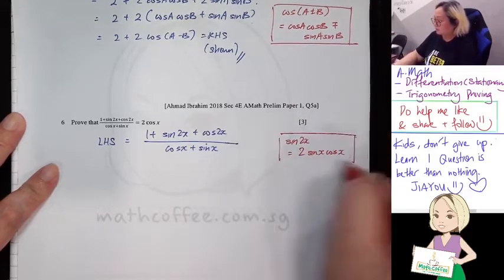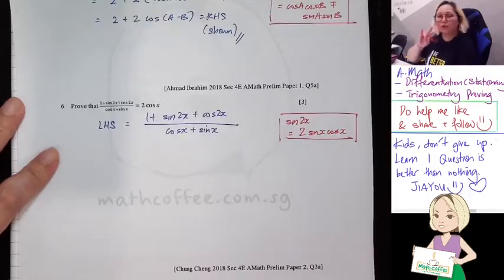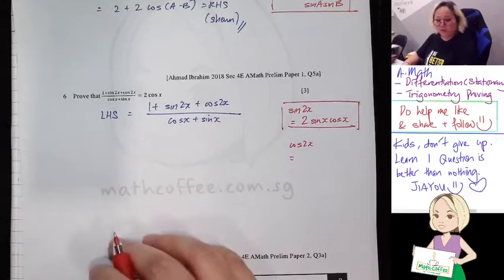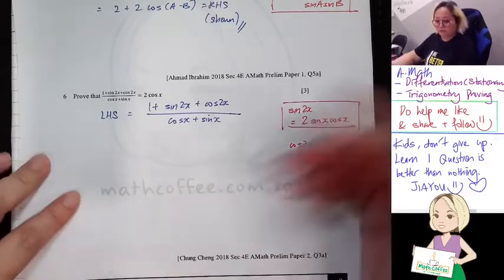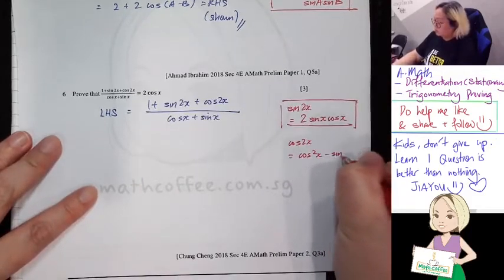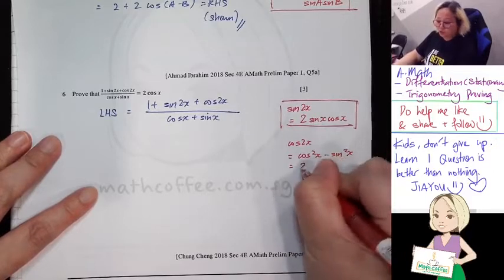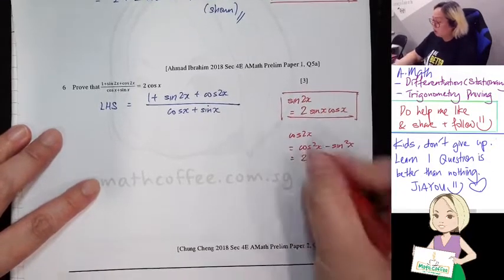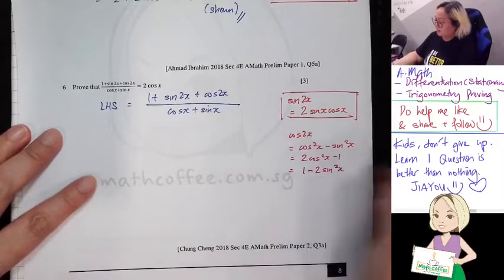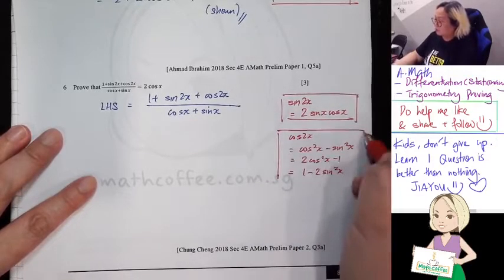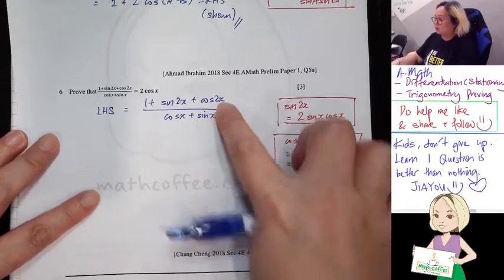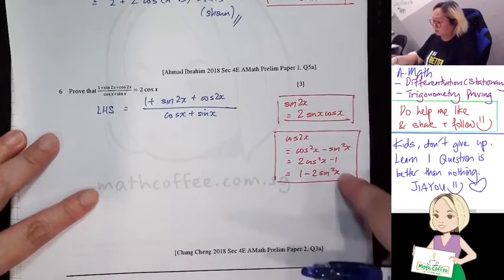For cosine 2x, I have 3 choices: cosine square x minus sine square x, or 2 cosine square x minus 1, or 1 minus 2 sine square x. My cosine 2x can change to any one of them. So the next question is, should I change cosine 2x to number 1, number 2, or number 3? We shall see.